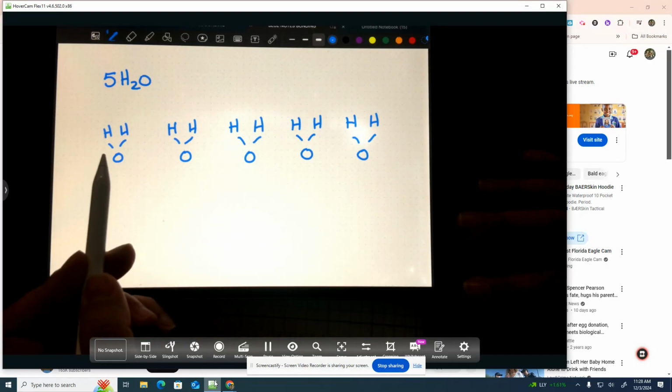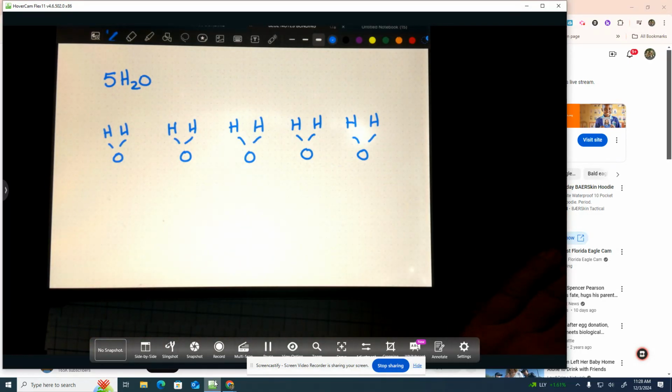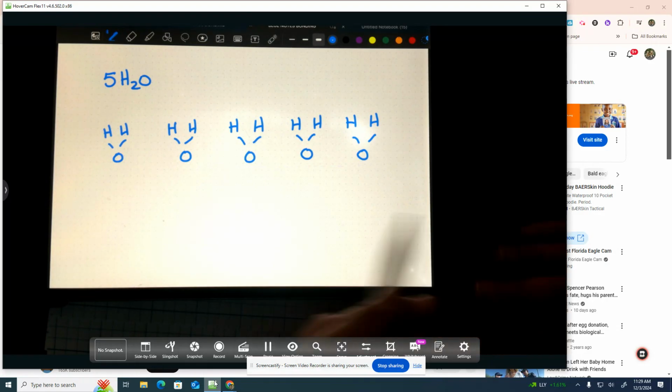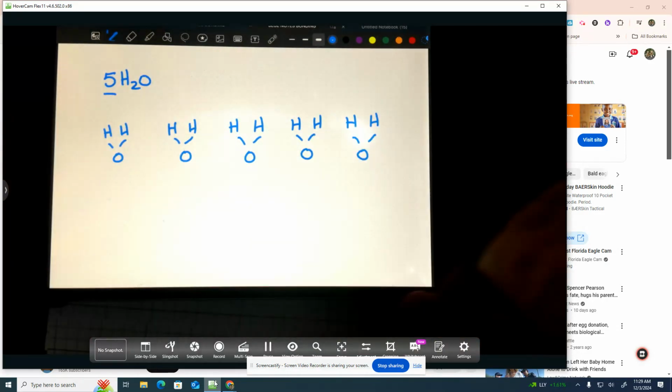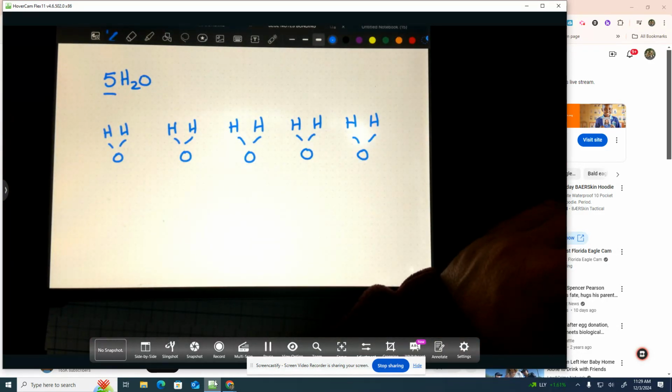That means I have 5 H2Os. Easy peasy lemon squeezy. This number can be any number I want it to be. It could be 105. It could be 1,000. It could be 1,000,000.